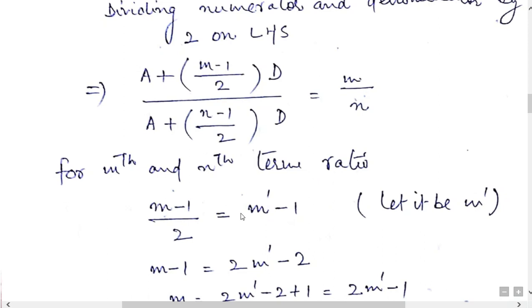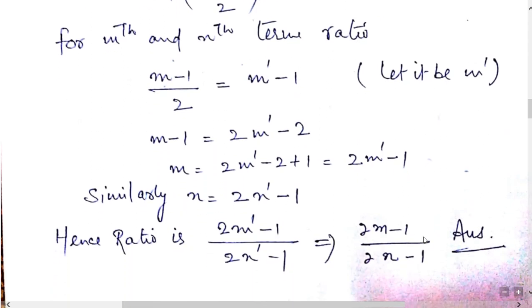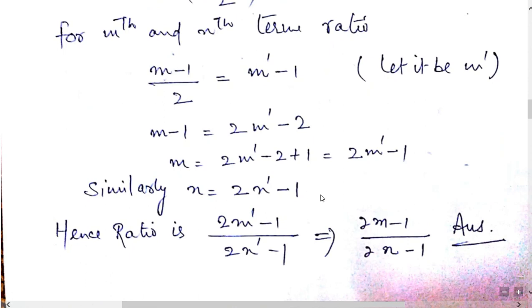M minus 1 over 2 can be written as m dash minus 1. It means you can find m as 2m dash minus 1 and n can be written as 2n dash minus 1. It means answer is this. Basically m dash is m. It means 2m minus 1 divided by 2n minus 1 is the final answer.